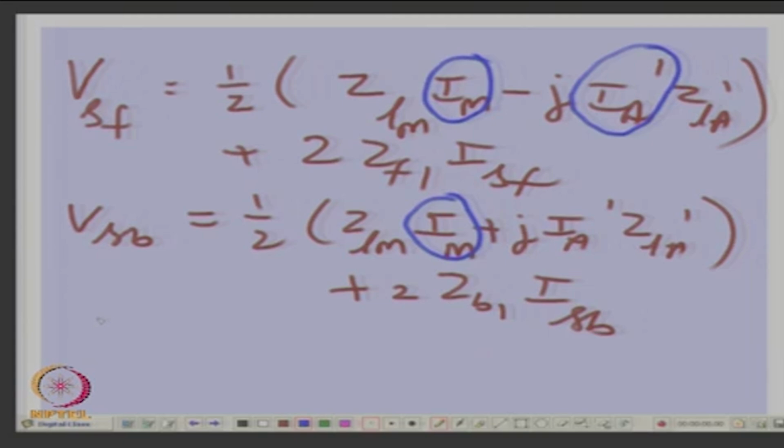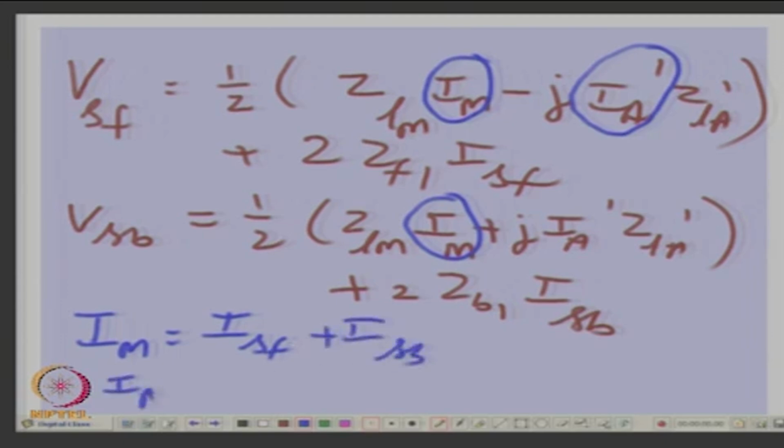So, we can easily find out Im will be ISF plus ISB and Ia dash will be j times ISF minus ISB. This is a reverse. Basically we have Im, Ia dash, and we write it in terms of ISF, ISB.